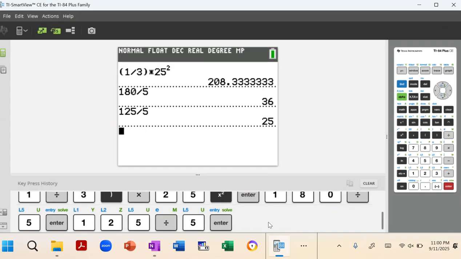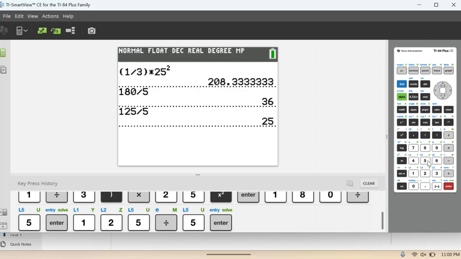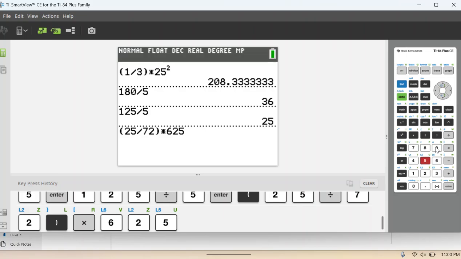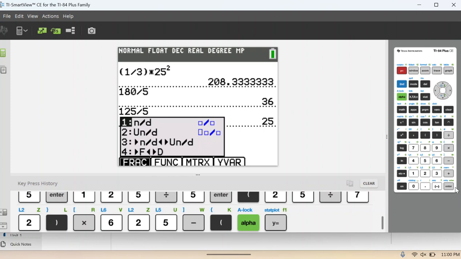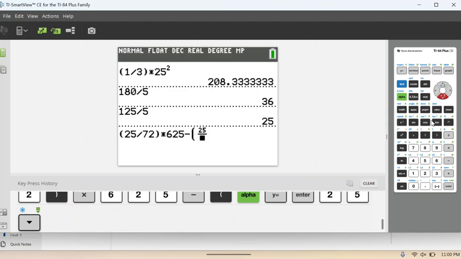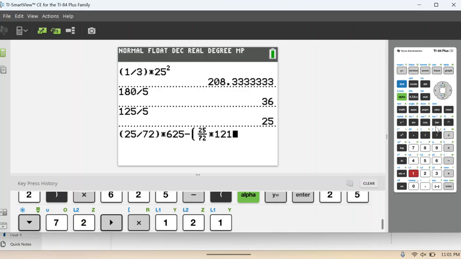So we can type this all on our calculator. We can go 25 divided by 72 times 625 minus 25 over 72 times 121, which is 11 squared.